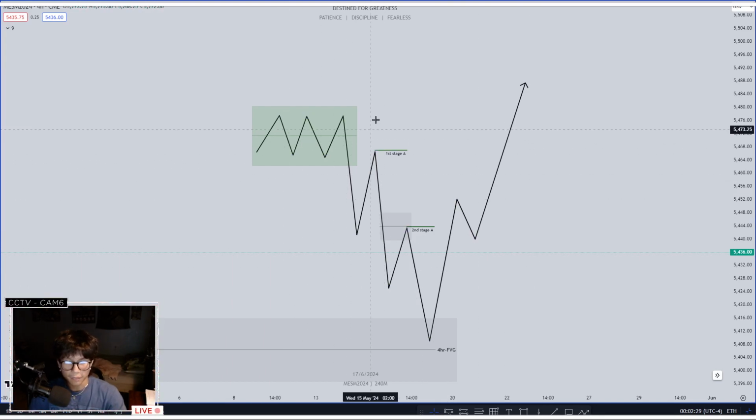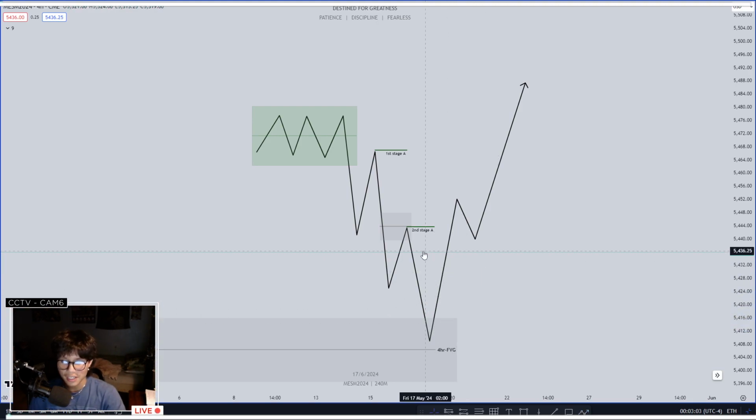So we have the original consolidation, retest the original consolidation. We break lower. We retrace once again into a 5-minute FVG. Once we trade past this second stage accumulation, that would be our market structure shift. Sometimes on the lower time frames, we might see some swing highs like this, and then we trade past it, but we continue to go lower.